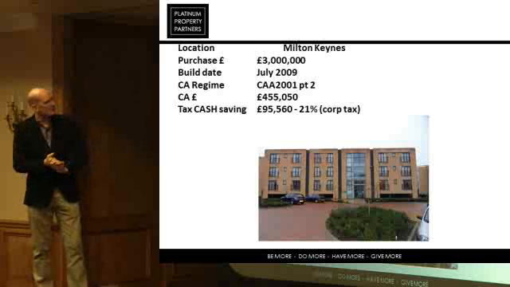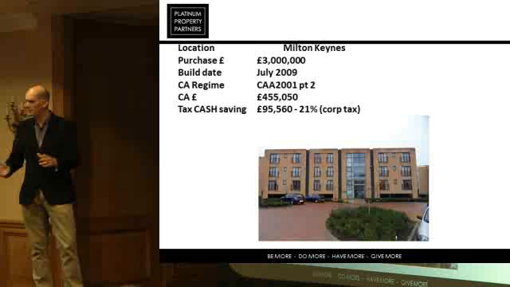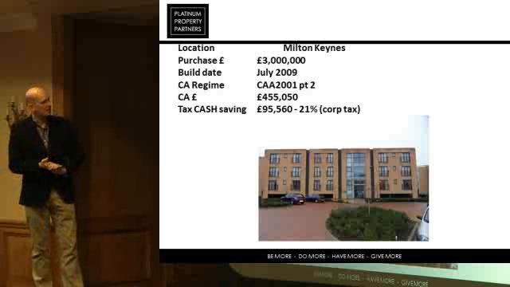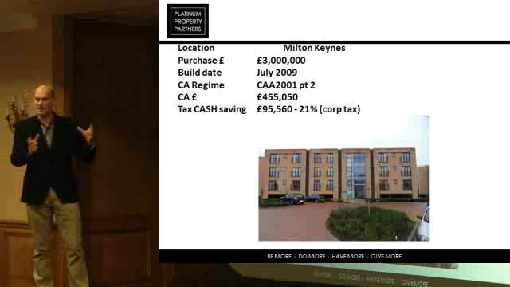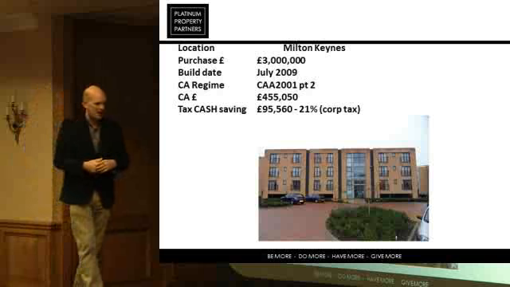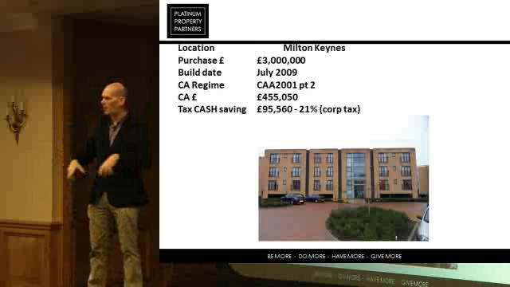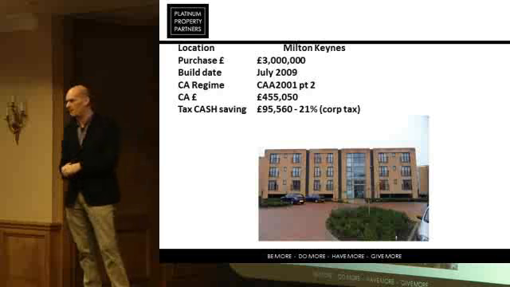So here we have, that's a good looking building, isn't it? So this in Milton Keynes is a block of flats. Very nice block of flats. Bought for £3 million, and it was, I'll say, build date in July 2009. It was kind of complicated, but somebody bought it directly from the builders. And the capital allowances that property attracts, lifts, underground parking, all this sort of thing, was £455,000.